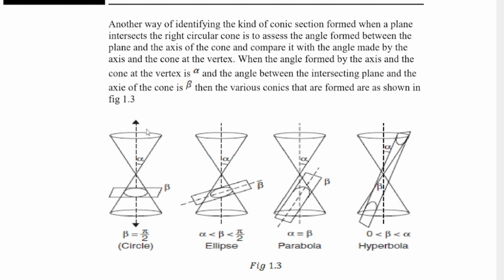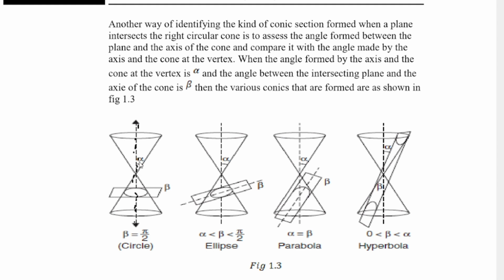When we talk about the axis of the cone, we are talking about this vertical line here. These are slant heights of the cone. And this is where the two nappes of the double cone meet, which is the vertex of the cone.